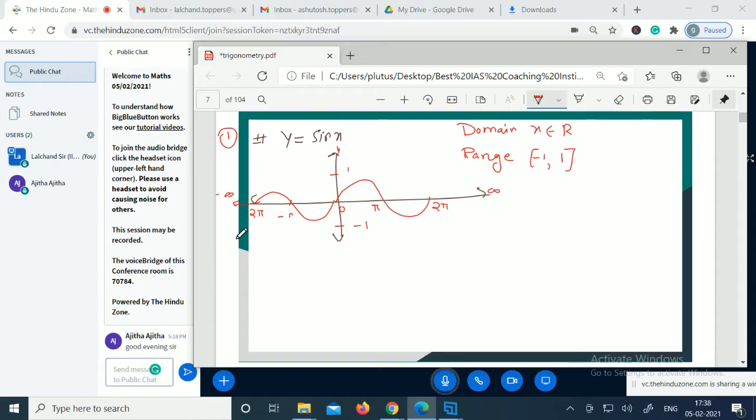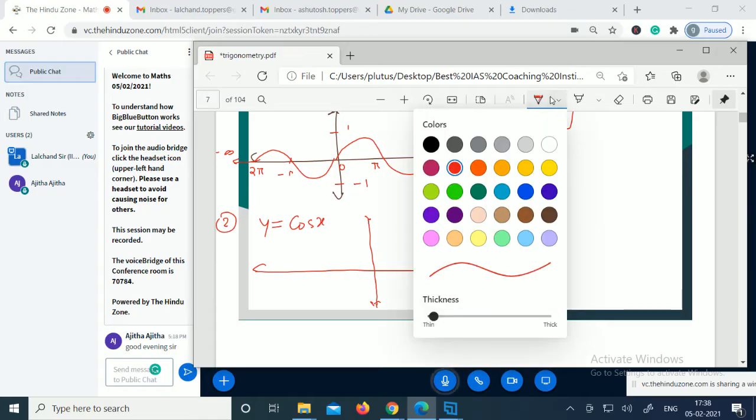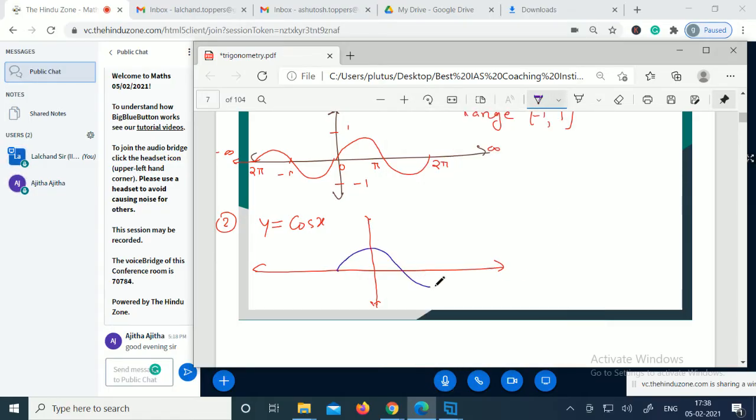Second is our cos curve, y equal to cos x. The plot is like this type of wave.